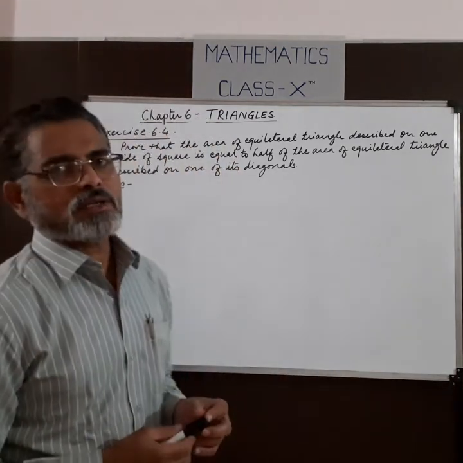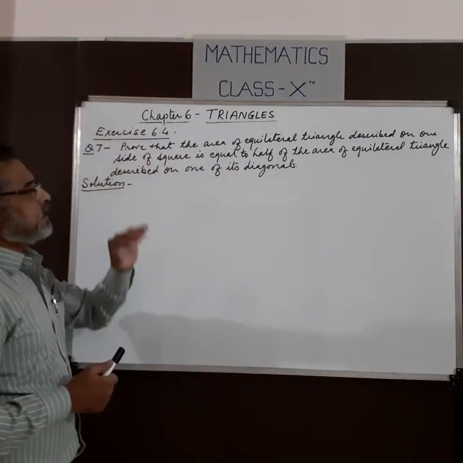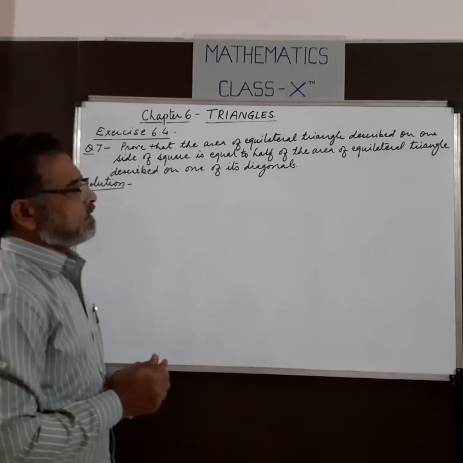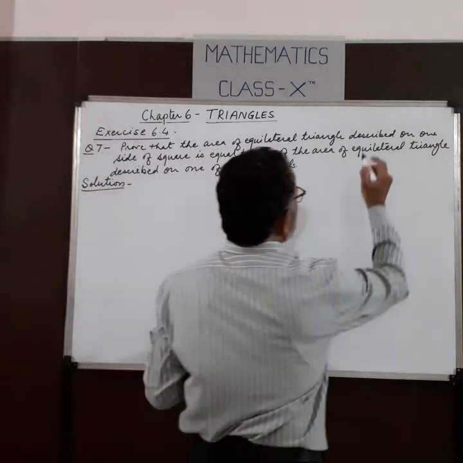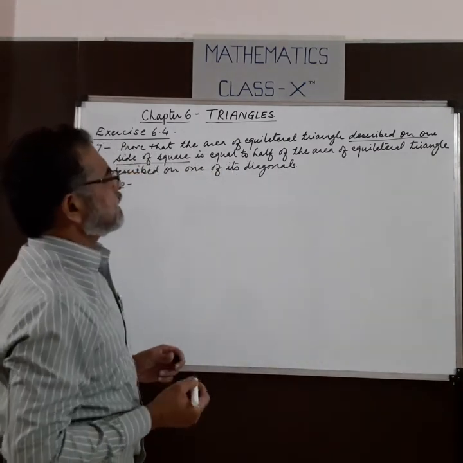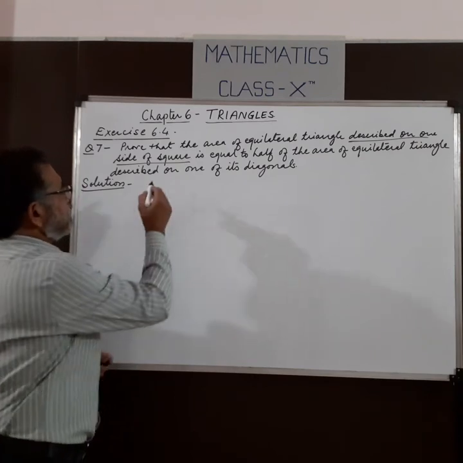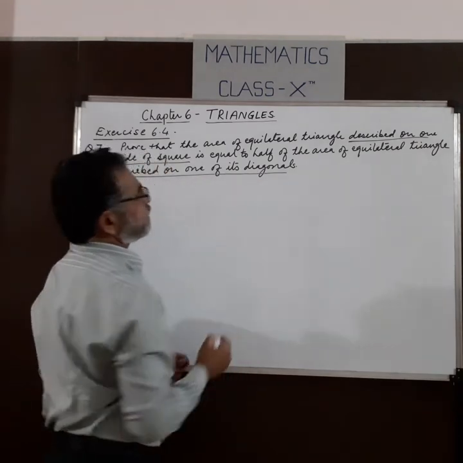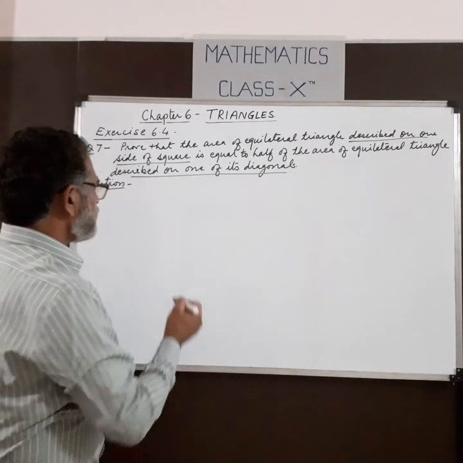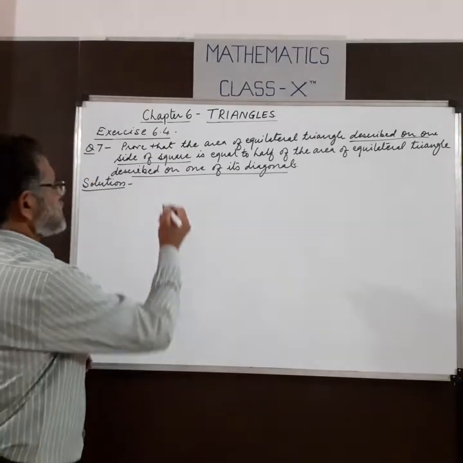Now there is another question, question number 7. In this we have to prove that the area of an equilateral triangle described on one side of a square is equal to half of the area of an equilateral triangle described on one of its diagonals. So here there is a square.